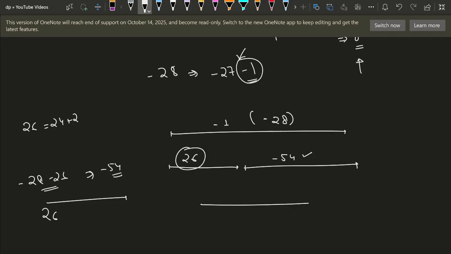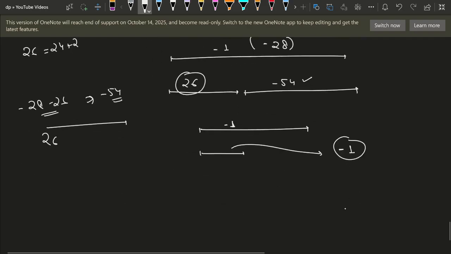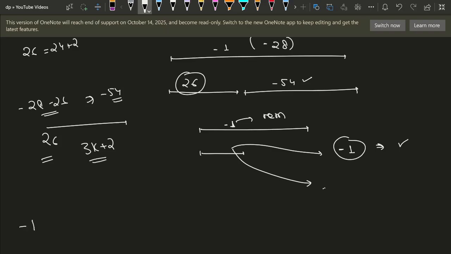So we see that for negative integers, if it has a remainder of minus 1, then what we need to check is whether there exists a subarray of minus 1, and also whether there exists the same form. So this was our remainder, right? And for 1 we also need to check whether it has numbers of the form 3k plus 2, right? So minus 1 corresponds to your 3k plus 2.